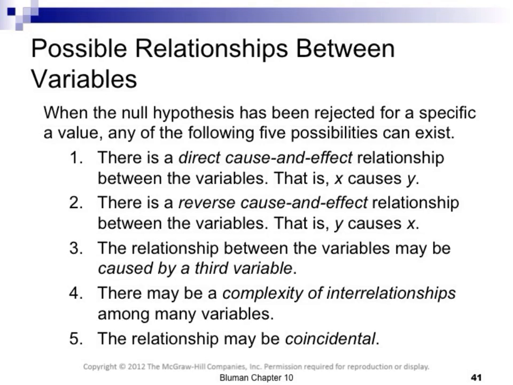And there could be a lot of complex interrelationships that we're not aware of. We're going to discuss these a little farther in the next few slides. And the relationship may simply be a coincidence.